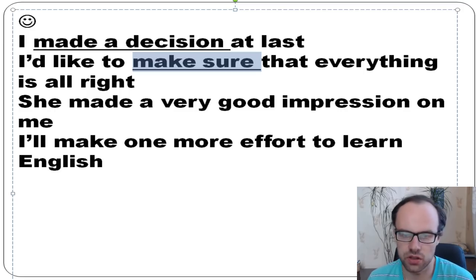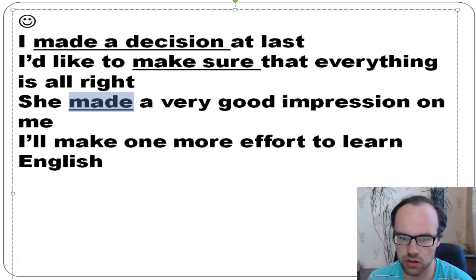I'd like to feel confident that everything is all right. She made a very good impression on me. So we say make an impression. I'll make one more effort to learn English. Yeah, I think it's a good idea. We say make an effort.